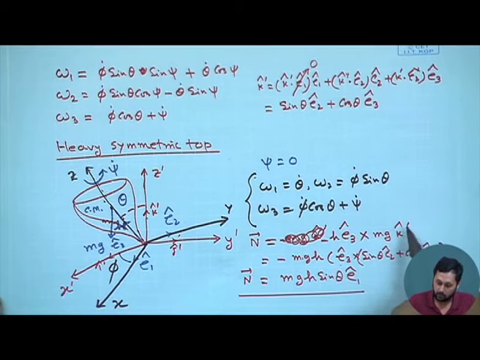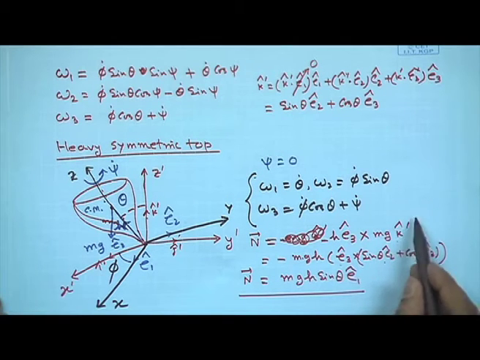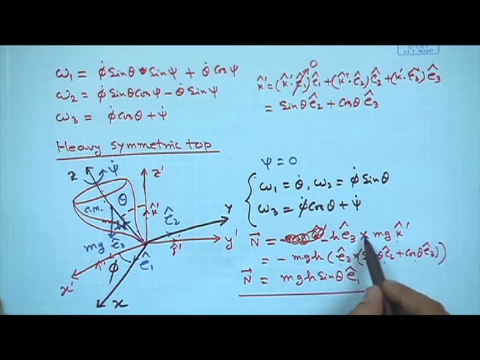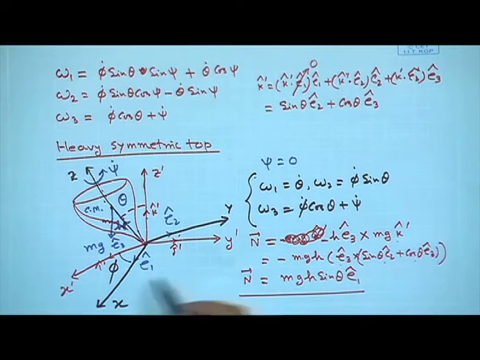Now, this is important. Without decomposing k prime into E2 and E3, we can see that the torque is a cross product, so it has to be always perpendicular to k prime. So, it could be anywhere in this xy plane.